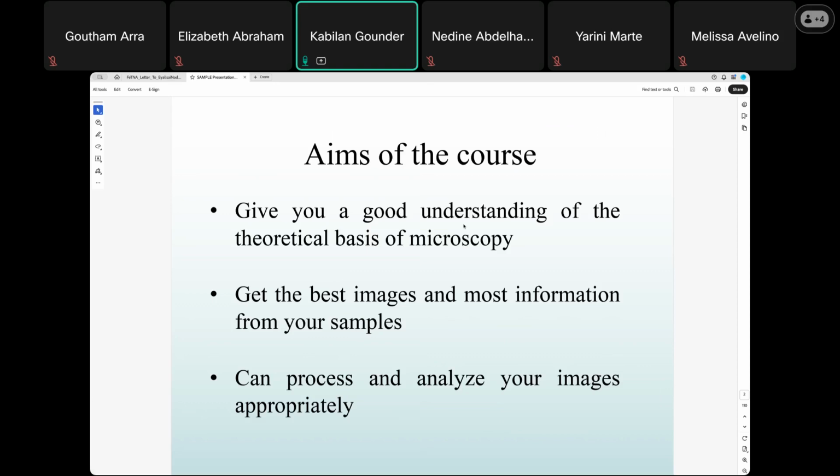So we have to make sure how important the microscopes are, how to handle the microscope, what information you get, how the functions work, how we can improve the quality of the images, and how we can interpret the images and structures. That is what we are going to see in the next 16 weeks.